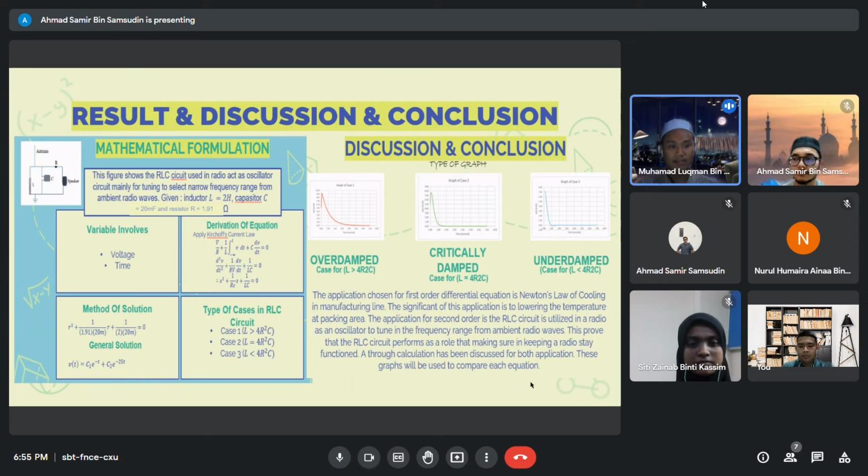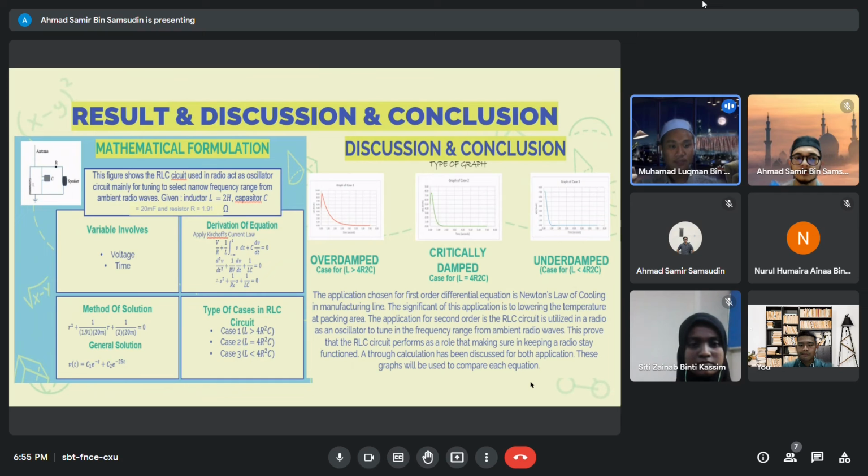The method of solution is r² + (1/(1.91 × 20 millifarad)) r + 1/(2 × 20 millifarad) = 0. So this value we can get from the equation.